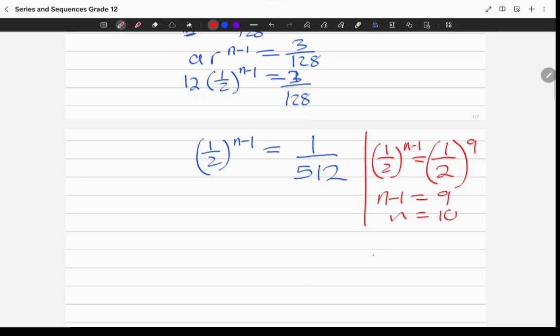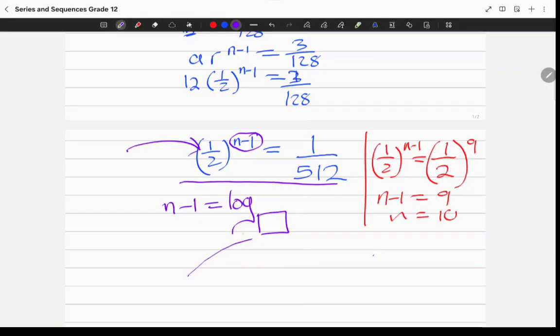But since you guys are in matric, it's better that you cozy up to logs. So I'm going to also use logs. When we use logs, we are going to first of all write what we're trying to solve for. The exponent: you always start by writing the exponent, n minus 1, is equal to the logarithm. A logarithm needs to have a base, just like a power has a base. Our base of the power, which is half, becomes the base of the log, 1 over 2.